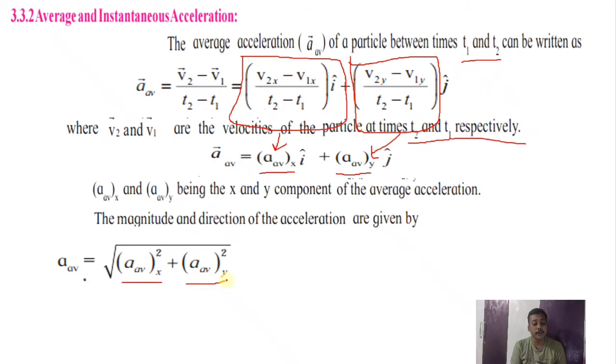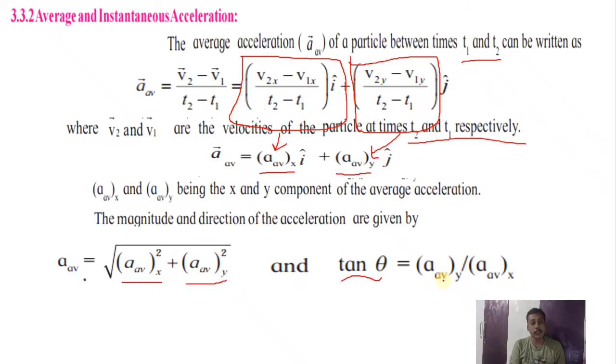Now we derive the magnitude and direction of acceleration. We know the formula for magnitude: average acceleration is equal to under root a average x square plus a average y square. So the square of the x component and the square of the y component of acceleration, and this is the formula for average acceleration.